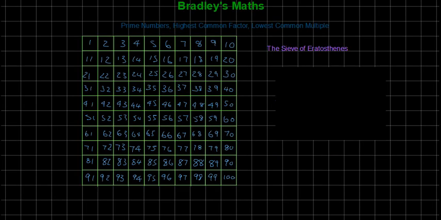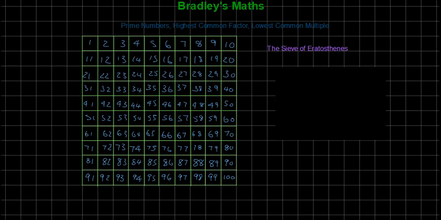Okay, we're going to find some prime numbers now. You may well have seen this before. This is called the Sieve of Eratosthenes. I hate this guy's name. Honestly, I really do. I always want to put an S in where the first T is.